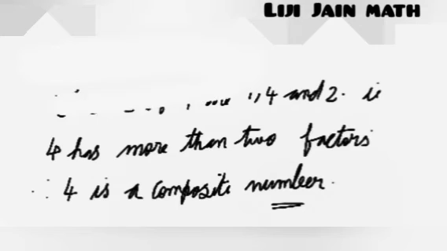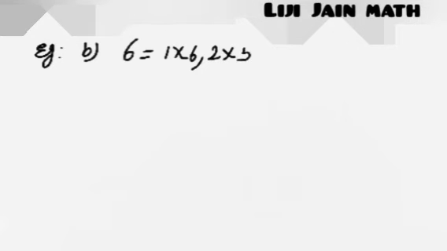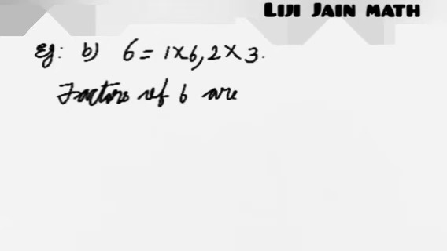Now let's discuss the case of 6. Example B, 6. 6 can be written as 1 into 6, and the other option, 2 into 3. Therefore, factors of 6 are 1, 6, 2 and 3, isn't it?